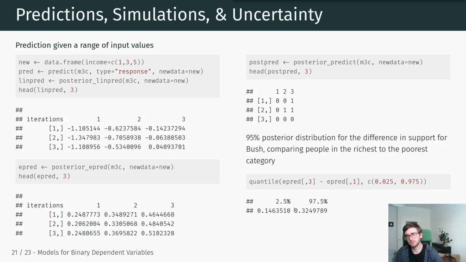And so the difference in support for Bush comparing the richest and the poorest income categories is between 14 percentage points and 32 percentage points, or between the probability of 0.14 and the probability of 0.32 to support Bush as compared to Clinton, right?